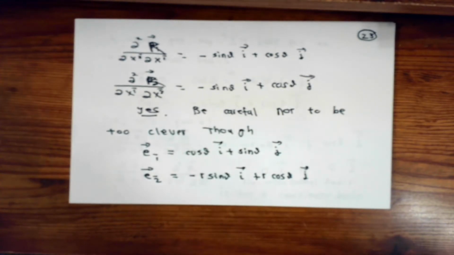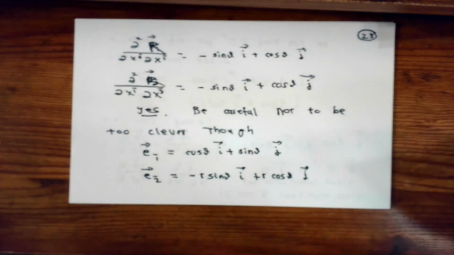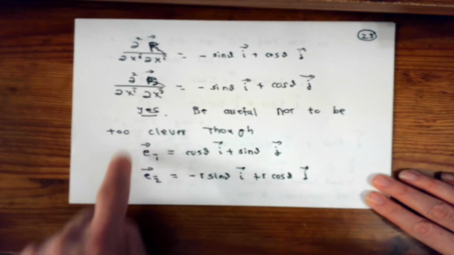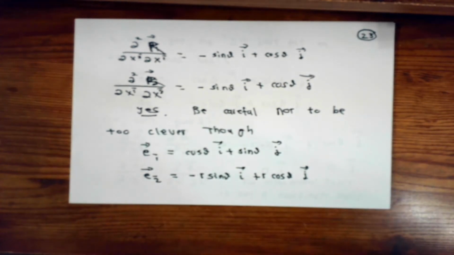If you do the calculation, both of these new derivatives work out to be negative sine theta I plus cosine theta j. So the answer is yes. The E1 bar and E2 bar are a set of coordinate basis vectors, but you have to be careful not to be too clever. Here's our two vectors, our two coordinate basis vectors using polar coordinates.